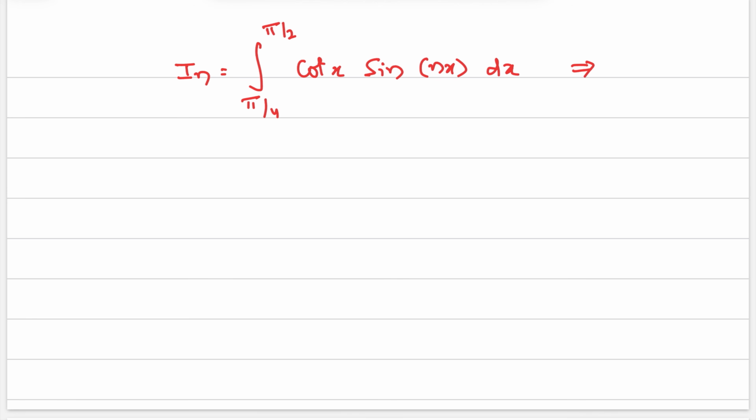That means for different values of n, I1 will be the integral from pi by 4 to pi by 2 of cot x sin x dx. If n is odd, there will be a different answer; if n is even, the answer will be different.